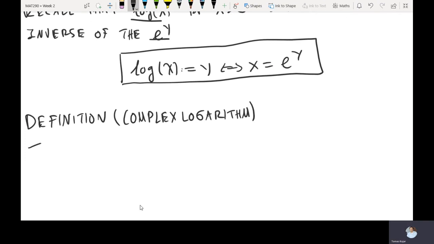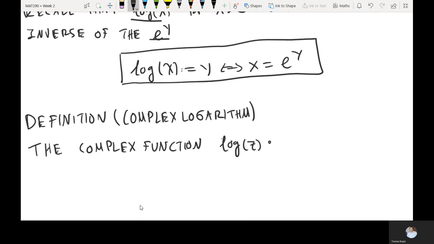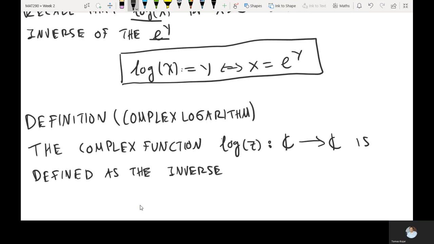Okay, so the complex function log z from the complex into the complex is defined as the inverse of the complex exponential.